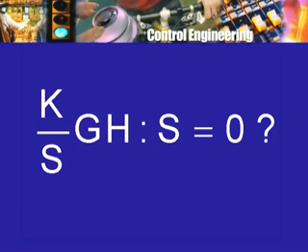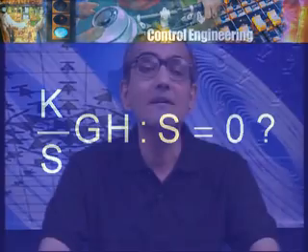Now, remember, one of our conditions for application of the principle of the argument was that the contour should not pass through either a 0 or a pole of the rational function. But here is a pole of the rational function at s equal to 0, namely at the origin. So, the contour that I chose earlier is no longer applicable, and therefore, I have to make a change in the contour so as to avoid this pole at the origin.